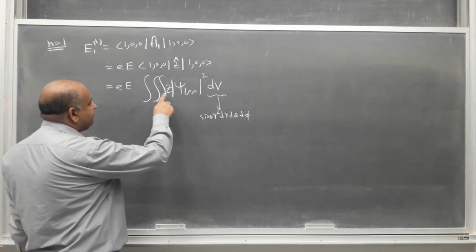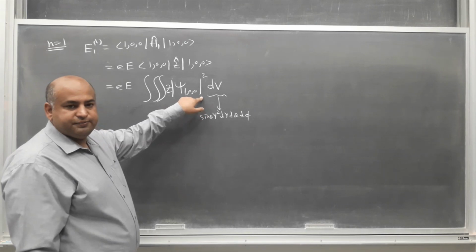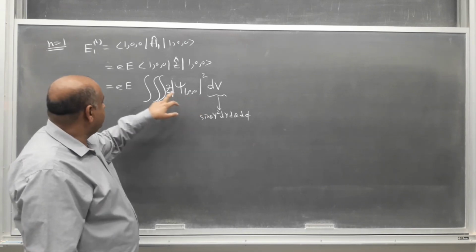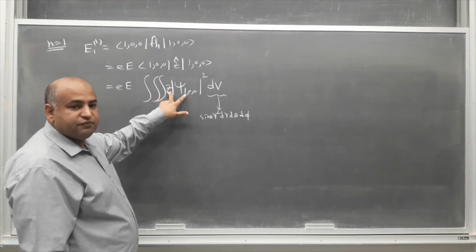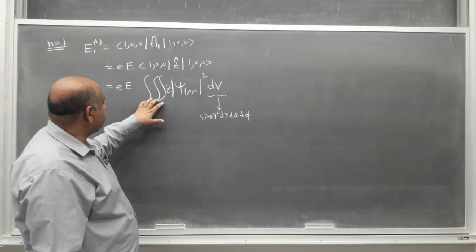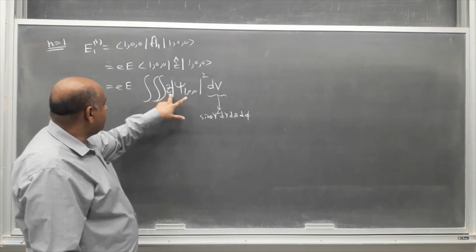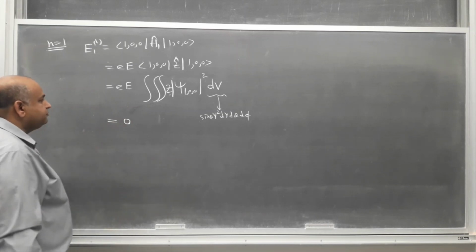And once I multiply with z, the overall function is odd, because for z negative it is negative, for z positive it is positive, which means that when we integrate over all space, because of this oddness, the integration would be 0.